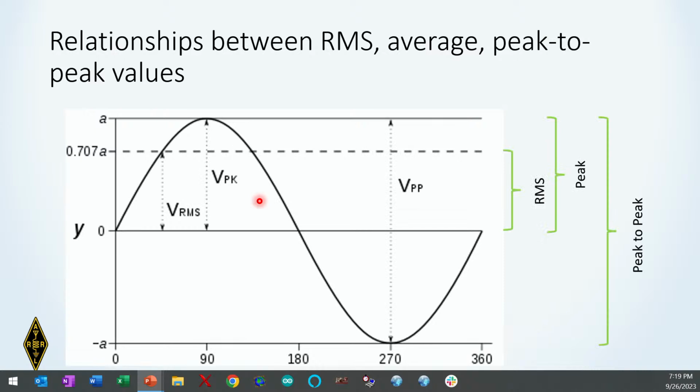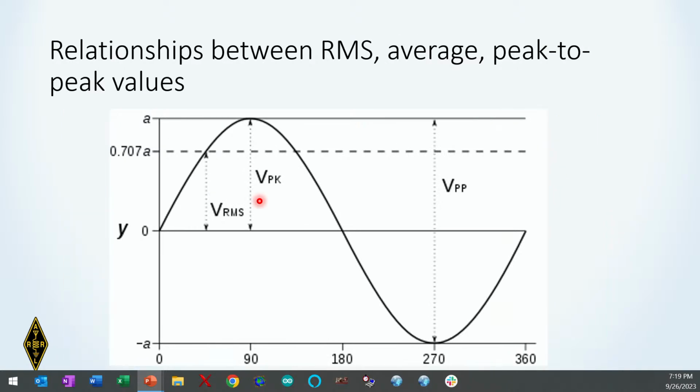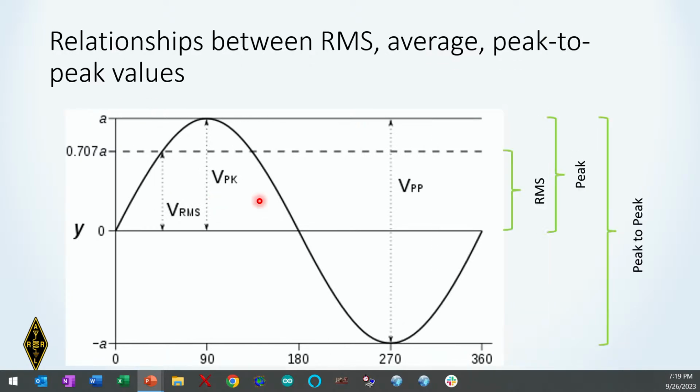So Will is asking, where does the 0.707 come from? Ah, good question. We're going to answer that. Now, 0.707 happens to be the relationship to get equal heating value for AC versus DC, which is the RMS voltage. I've added some things out here.